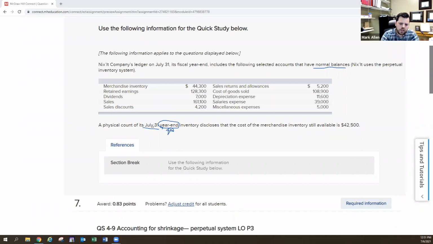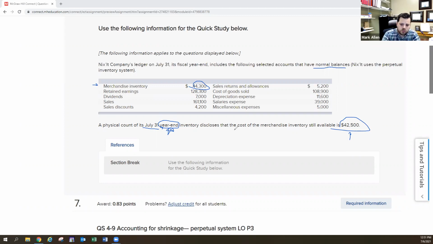So they tell us here physical count of its July 31 year end inventory discloses the cost of the merchandise inventory still available to be 42,500. So you say, well, okay, but when I look at the information I've been given, my inventory is already at 44.3, but we only have 42.5. Do you think that's a problem? I think it might be.